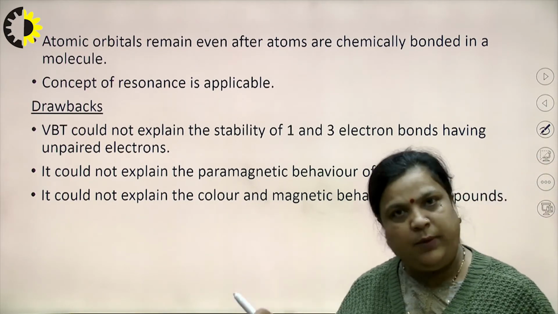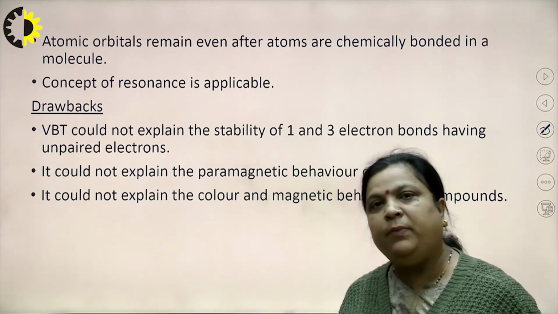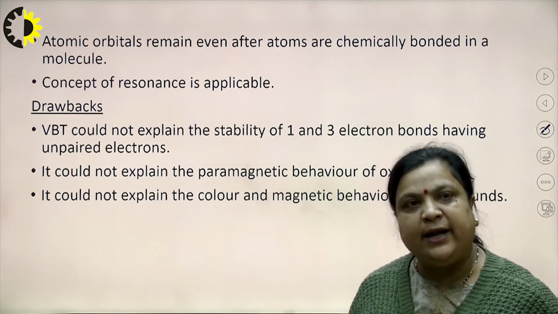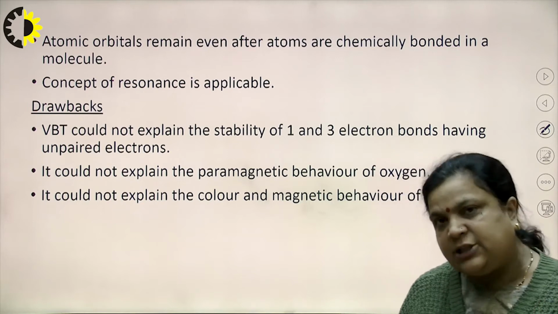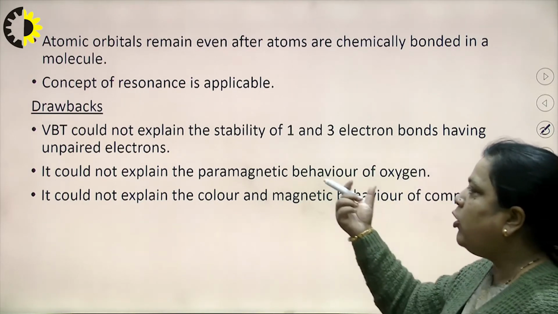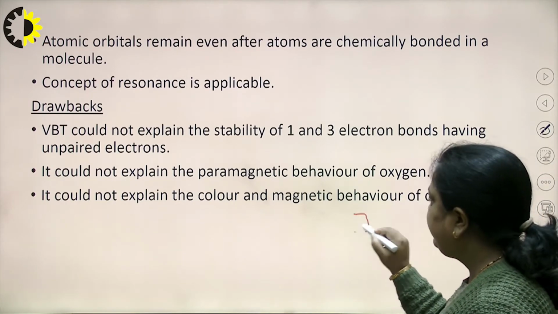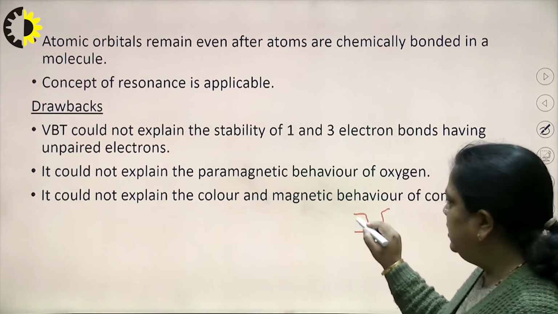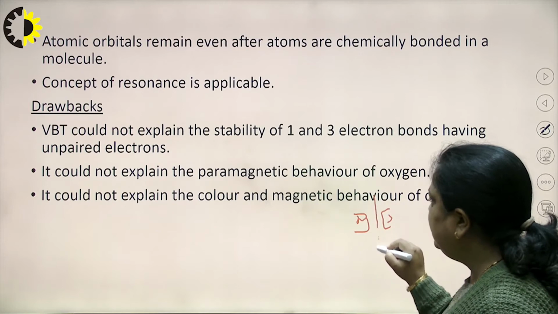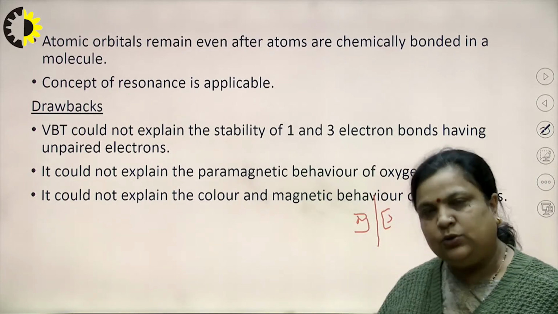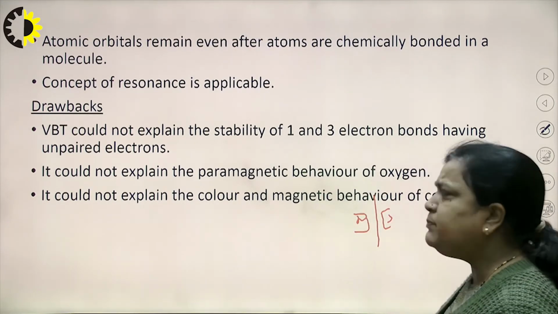That is, there is no unpaired electron, and since there is no unpaired electron, it is diamagnetic in nature. But actually it was observed that oxygen has paramagnetic nature. When it is passed through a magnet, we see that oxygen is attracted by the magnet, that is, it is paramagnetic.